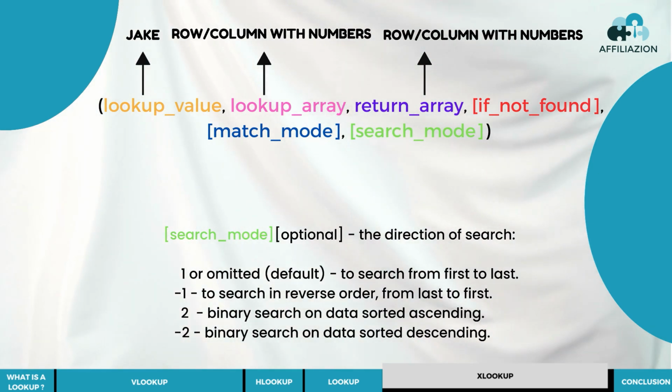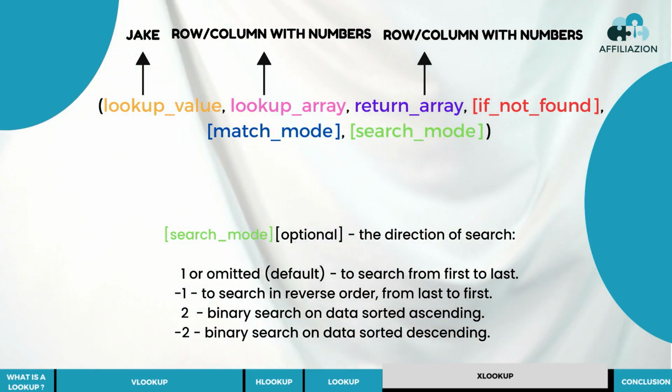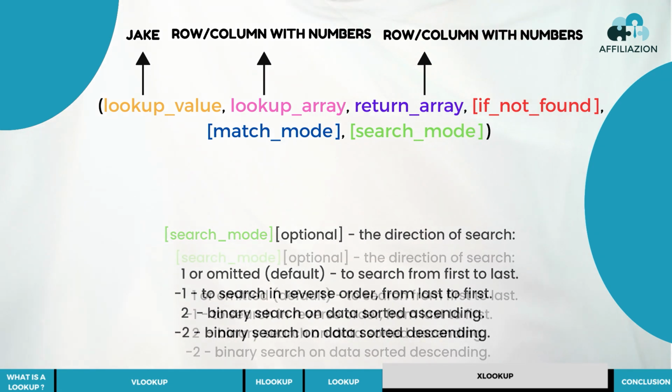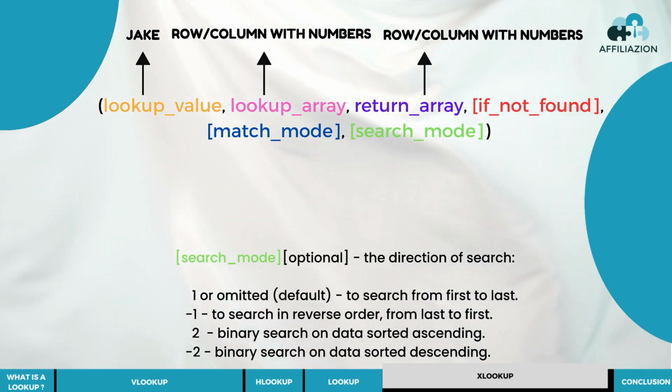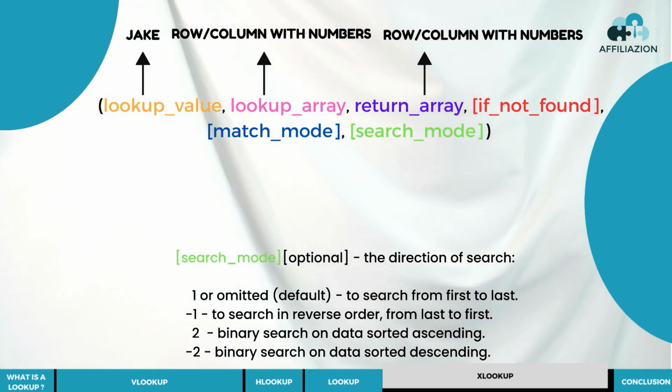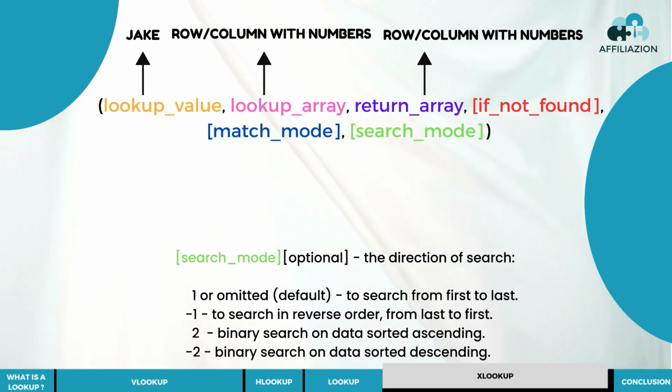This can be used as 1 for the default search, that is from the first to the last, then -1, which can search from the last to the first. And then we have a binary search. This is only to be used with ascending or descending sorted data. A binary search would basically give you the position of the lookup in the data. Let's move on to the example.